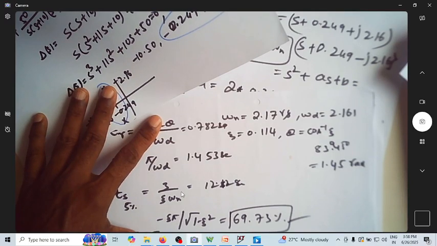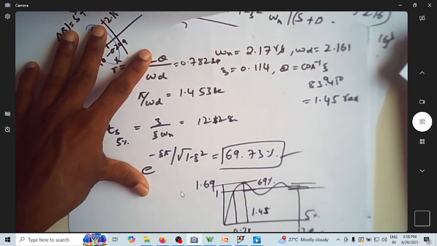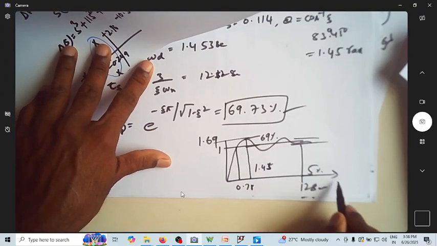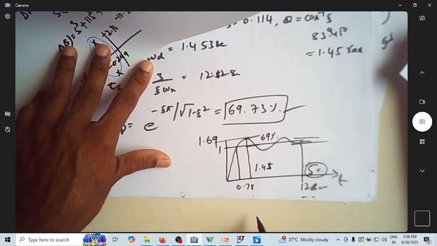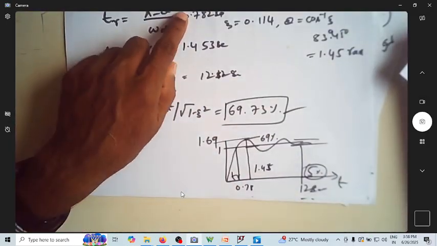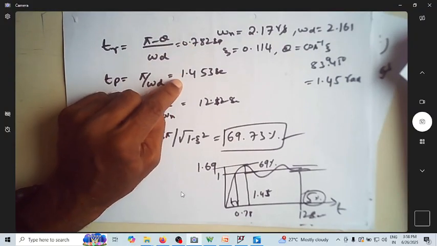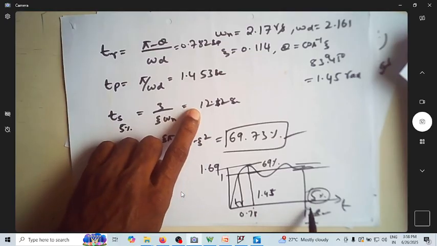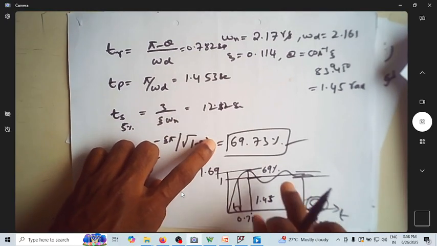Peak time is 1.45 seconds, and by around 12 seconds, it will reach 5%. That's what we wrote here. Tr is 0.78, peak time is 1.45, and 12 seconds is the settling time.